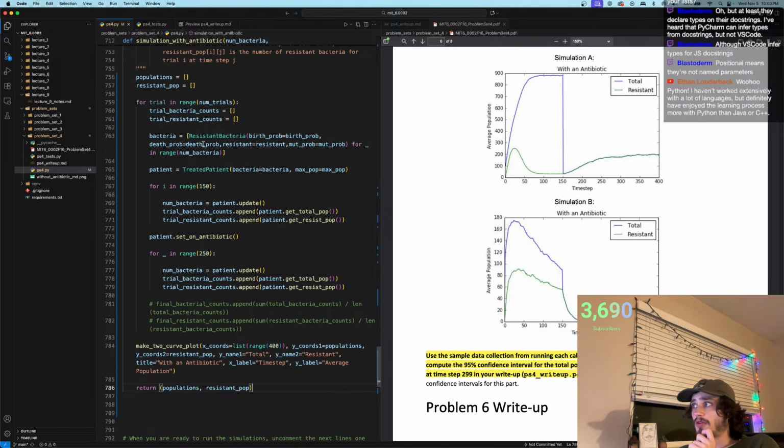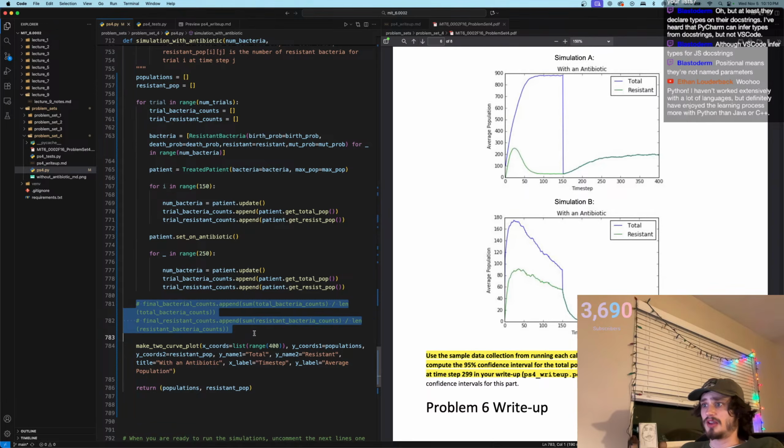So 50 trial runs with 150 data points. Okay, so then what we have to do, we have a list of lists. And so we need to plot the averages, right?